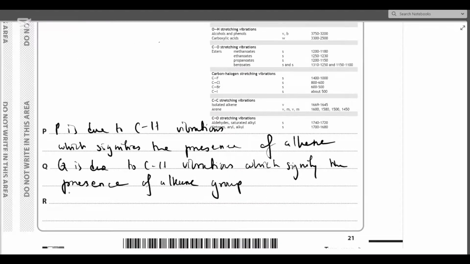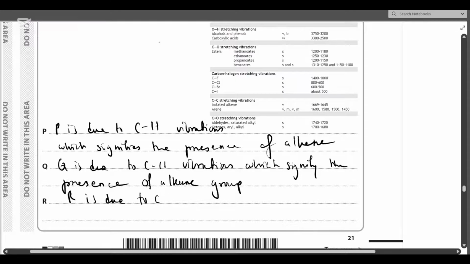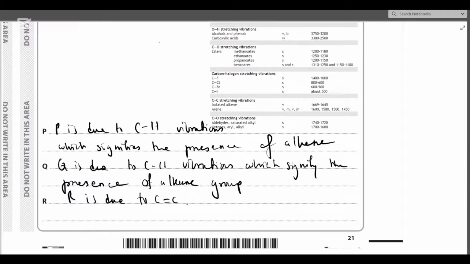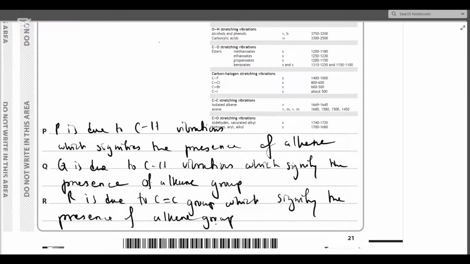So you can just write according to the data booklet, R is due to the carbon to carbon double bond group, which signifies the presence of alkene group in the compound.